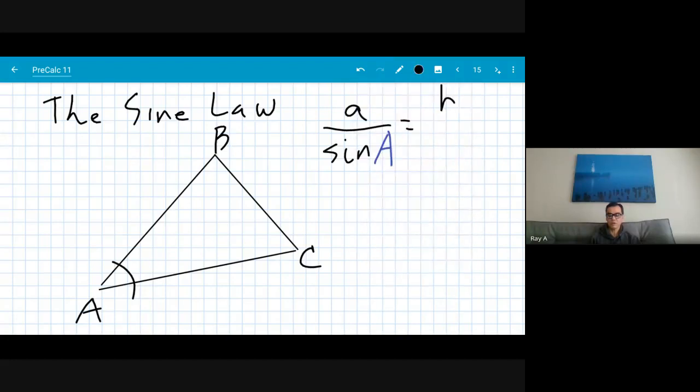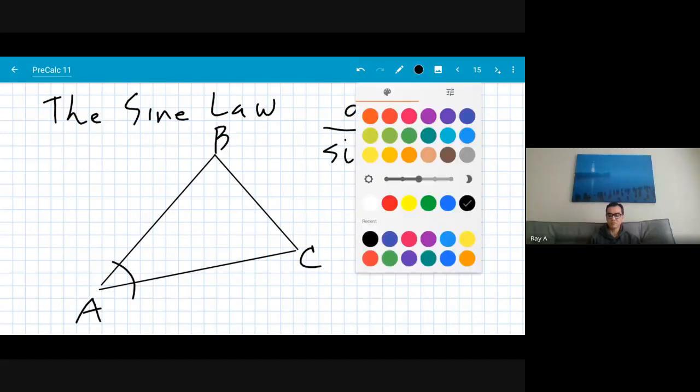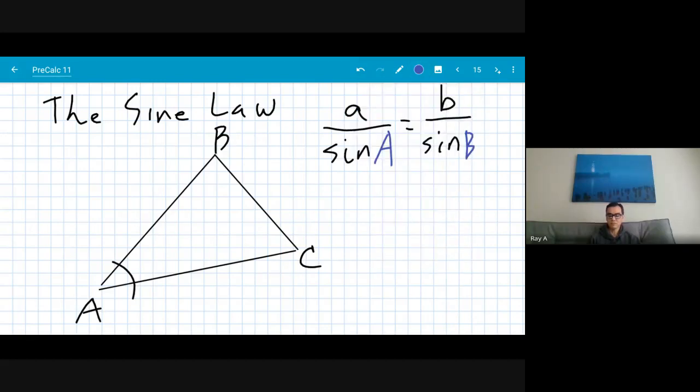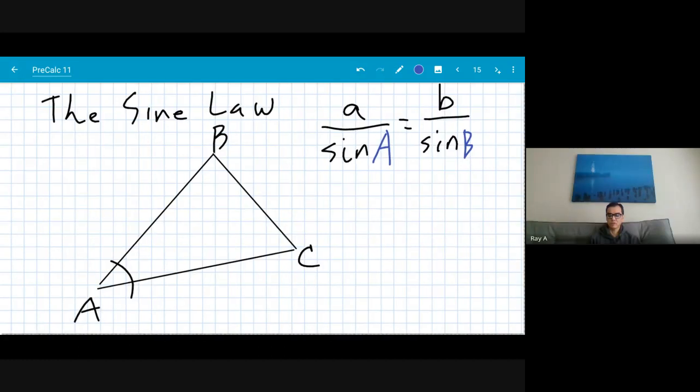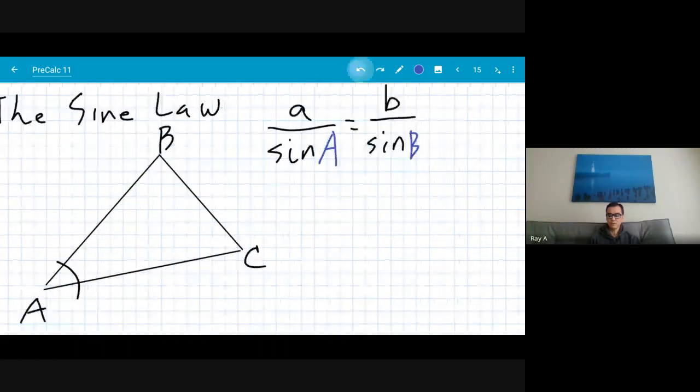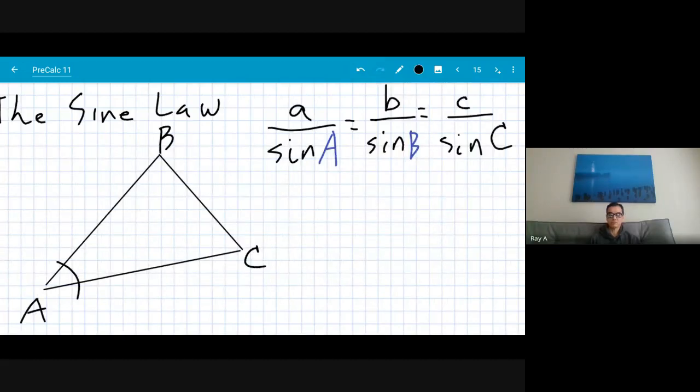Equals B over sine B equals C over sine C. No, I actually should have used black for capital A because capital A is here. All right, anyway. Okay.